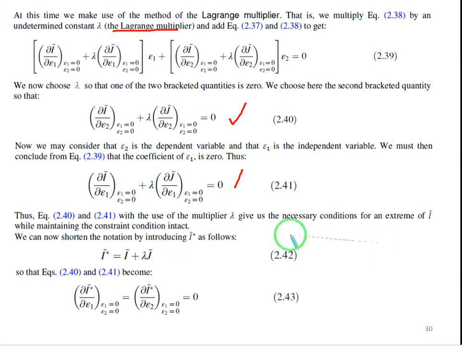Now we can easily define the new function I tilde star, which is equal to I tilde plus lambda multiplied by J tilde, where lambda is an unknown parameter which is known as the Lagrange multiplier, and we can easily say that the partial derivative of I tilde star with respect to epsilon 1 is equal to 0, and the partial derivative of I tilde star with respect to epsilon 2 is equal to 0 at epsilon 1 is 0 and epsilon 2 is 0.